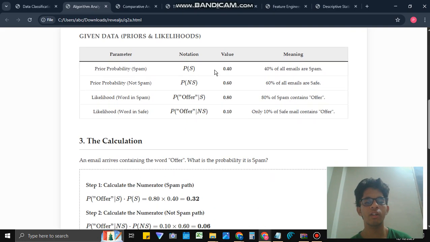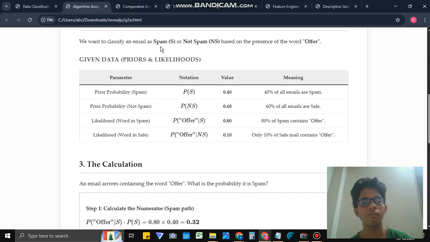So for example, this is our data set. We have the data of email which is spam and not spam, which is represented as S and NS respectively.